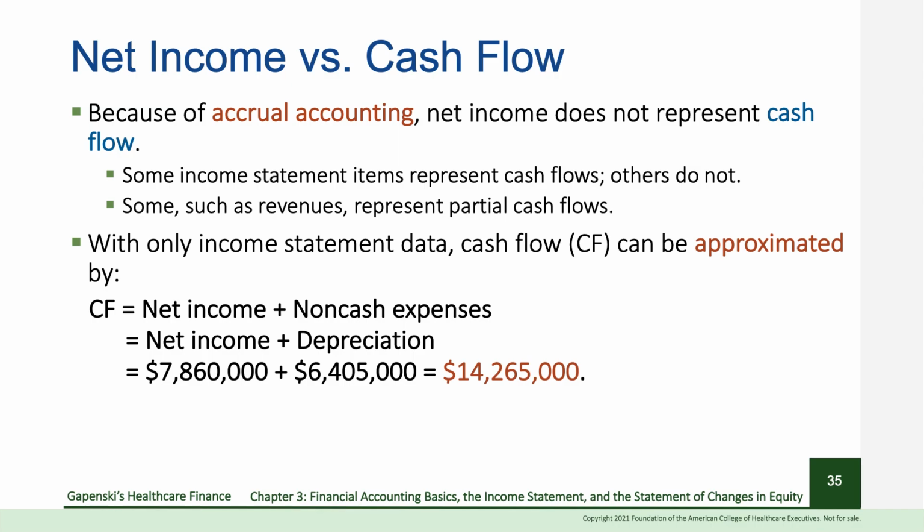Some income statement items represent cash flows, but others don't. Revenues can represent partial cash flows. Now, with only income statement data, cash flow can be approximated by net income plus non-cash expenses, and net income plus depreciation. And in the case of Sunnyvale Clinic, it is $14 million.